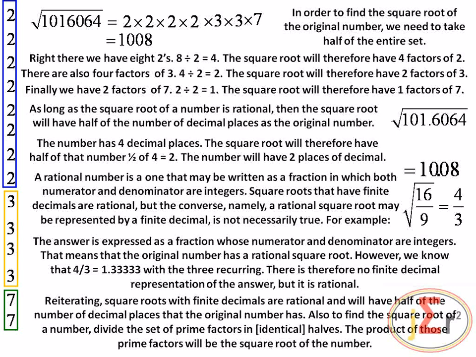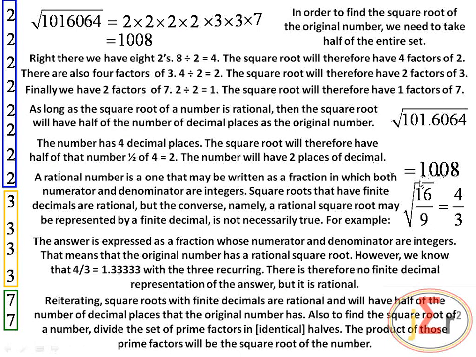Therefore, anywhere you see the square root of a number represented in this way as a finite decimal, then we know that the number is rational.